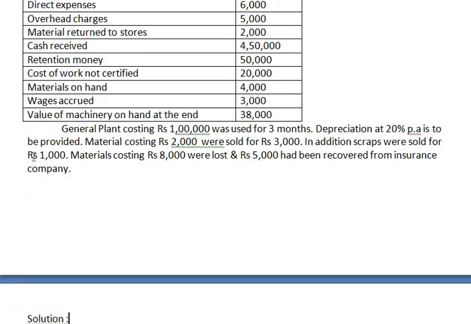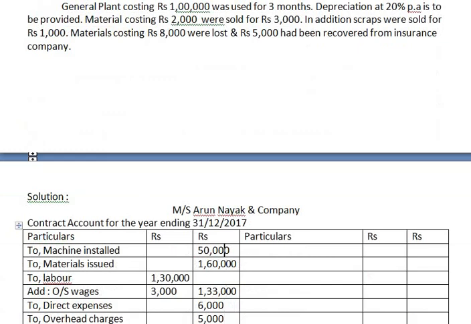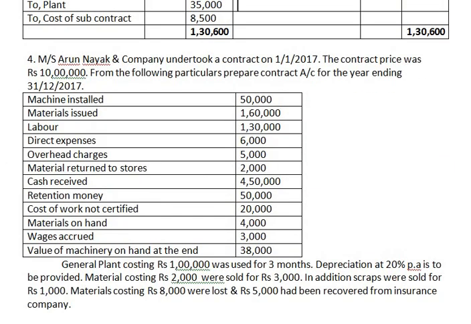Now on the credit side, by, first we need to take work in progress: work certified, and then work uncertified. Now what information is given related to work certified?